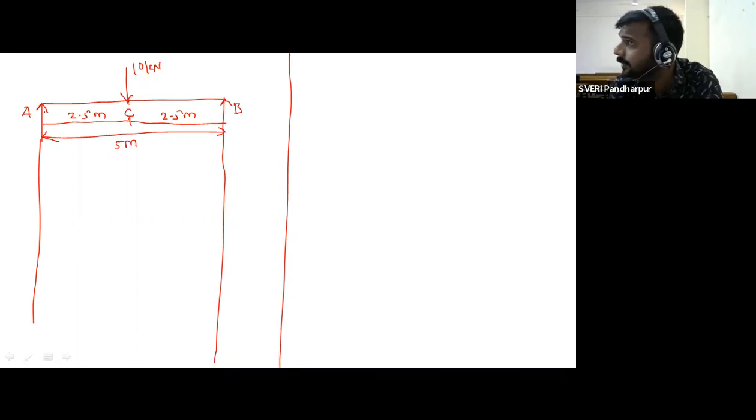Bending moment formula, WL by 4. What is the value of W? What is the length? Convert all the parameters in mm. 10 into 10 raised to 3 into 5000 divided by 4. 12.5 into 10 raised to 6.